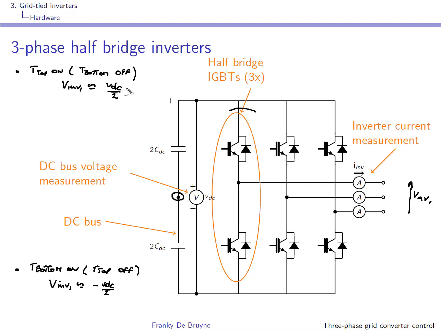Well, let's come back to this situation here. So the top transistor is on, the bottom transistor is off, and I said the voltage at the output is approximately VDC over 2. Why is this approximately? Well, this is because you have to take into account the transistor and the diode. So the situation will actually depend on the current. Suppose that the current i1 is positive, so the current must be flowing like this.